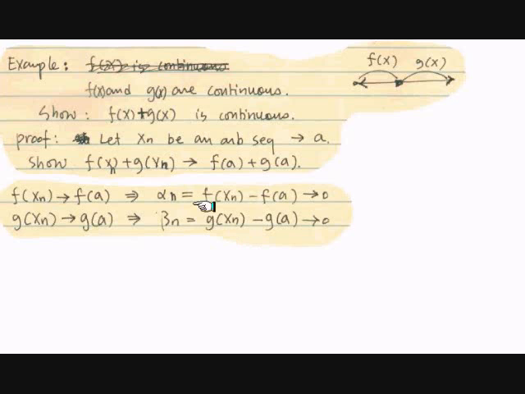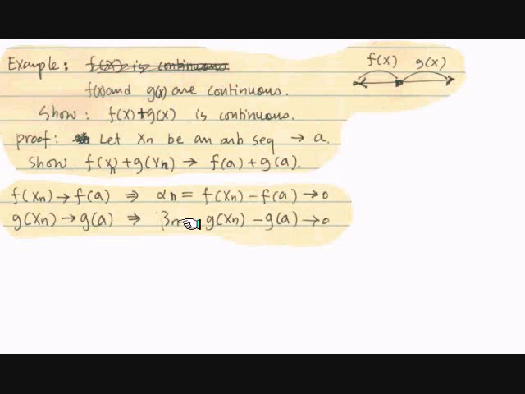We define alpha n to be the difference between these two quantities, f of xn minus f of a. Because we know f is continuous, f of xn approaches f of a, so it's obvious that f of xn minus f of a approaches 0. The same thing for g: g of xn approaches g of a, so g of xn minus g of a approaches 0, because g of x is assumed to be continuous.